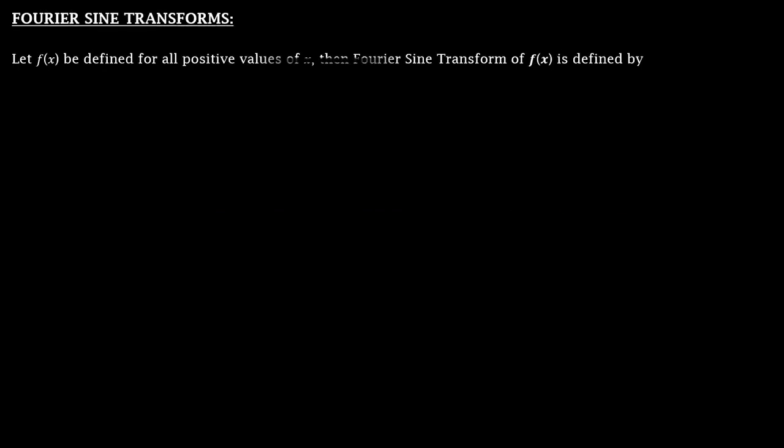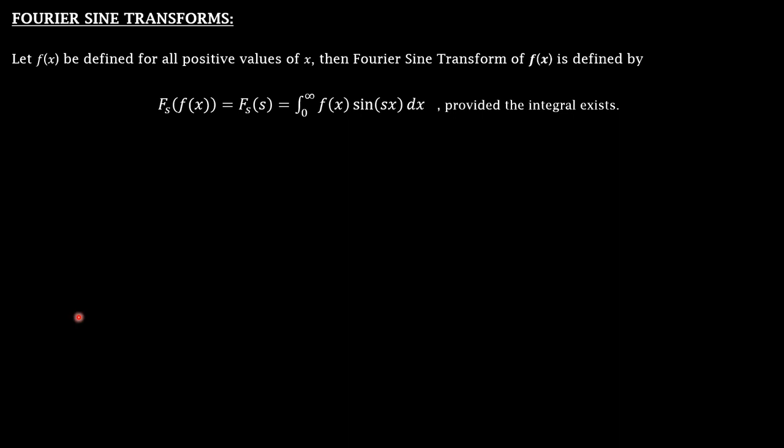The Fourier sine transform of the function f of x is defined by F_s of f of x is equal to integration of f of x into sin sx dx, where the limits of x are varying from 0 to infinity. And the subscript s over here indicates the Fourier sine transform acting on the function f of x.